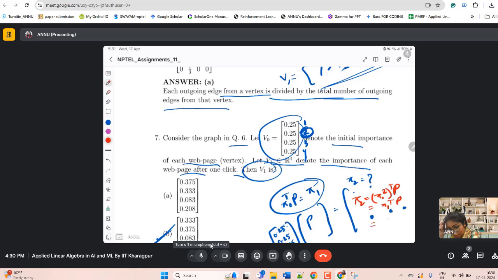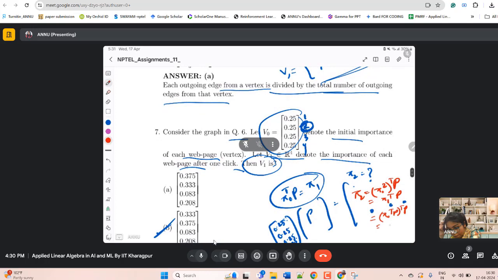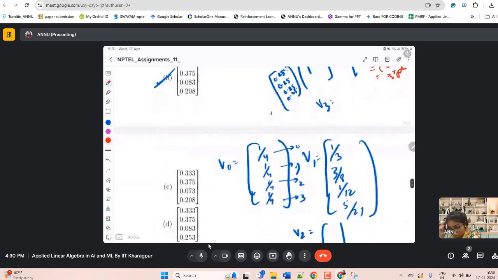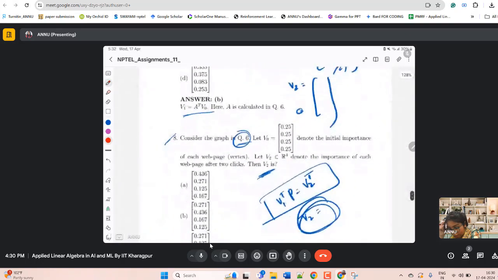It is pi 0 transpose P, whole thing times P. So pi 0 transpose P square. Okay, using this you have to calculate.